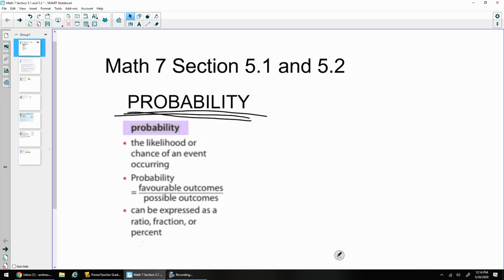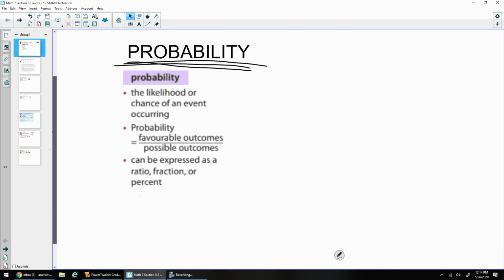So, just a quick definition: probability is the likelihood or chance of an event occurring. And we have this equation here: probability is equal to the favorable outcomes divided by the total possible outcomes. This is the equation that we're always going to be referring back to for probability.